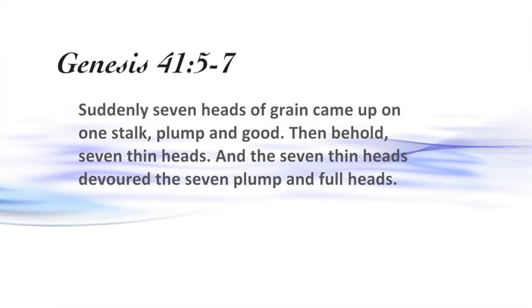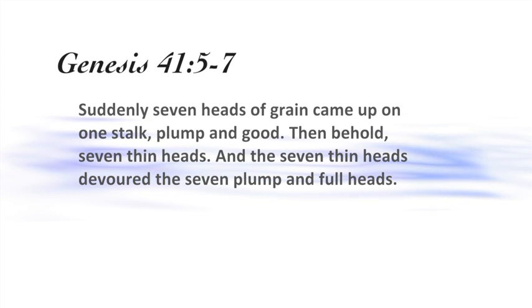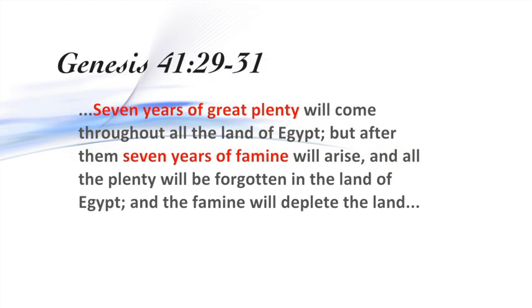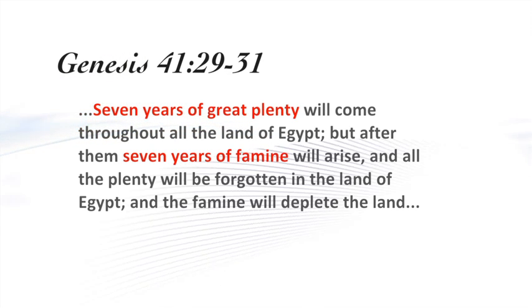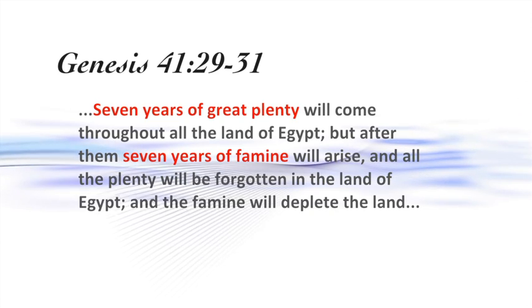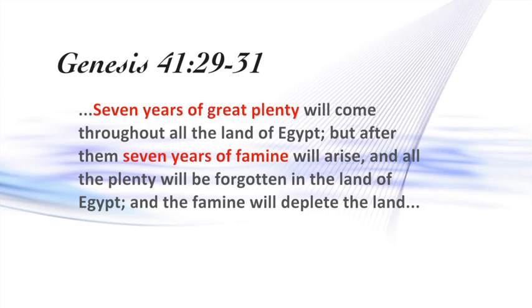And also of 7 plump heads of grain, followed by 7 thin heads, which then devoured the 7 plump ones. These spoke of 7 years of plenty, followed by 7 years of famine, with the 7 years of famine, as it were, eating up the 7 good years, so that they will not be remembered. And that's all in Genesis 41, verse 29 to 31.